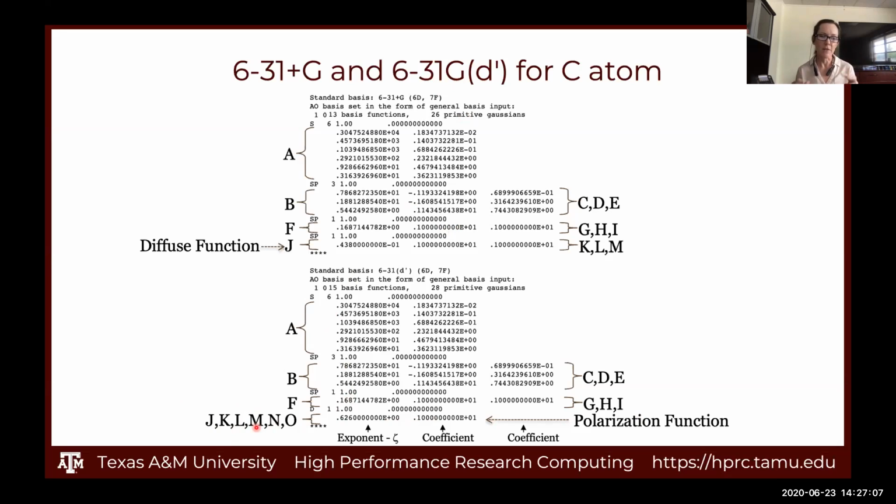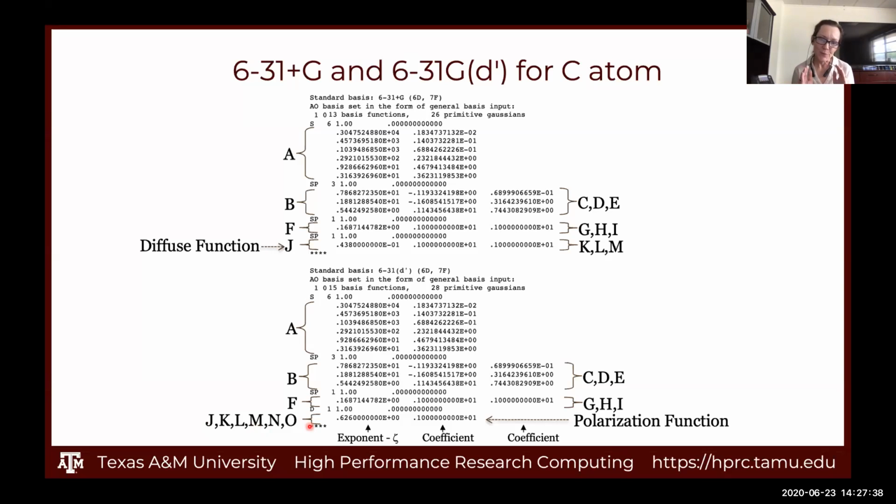You have 4 lobes on them, unless you're doing the DZ squared, but on top of that, you can have pure D or you can have spherical D. In pure D, you have 5 functions: D minus 2, D minus 1, D0, D plus 1, D plus 2. If you put them in Cartesian, you have 6 functions: XX, YY, ZZ, XZ, YZ, XY. So you end up with 6 new variables.